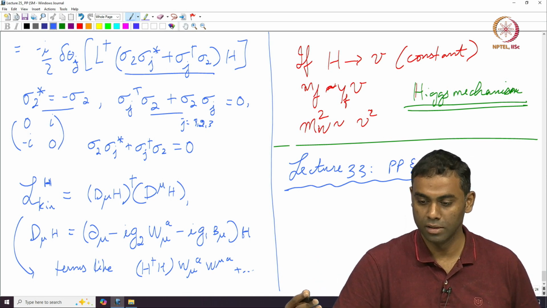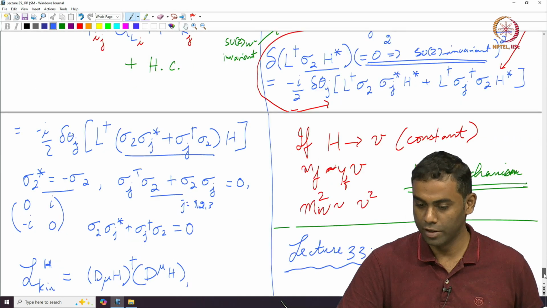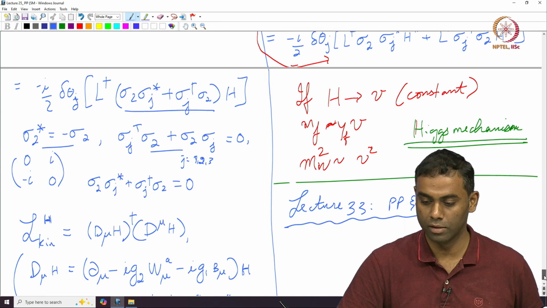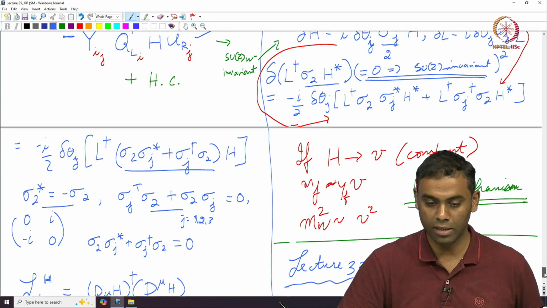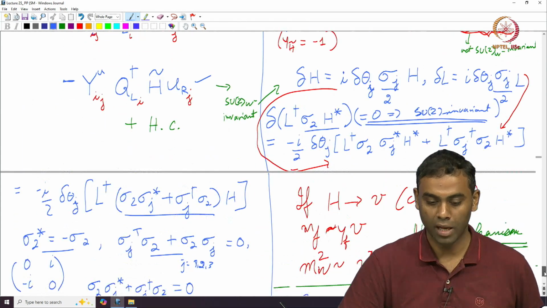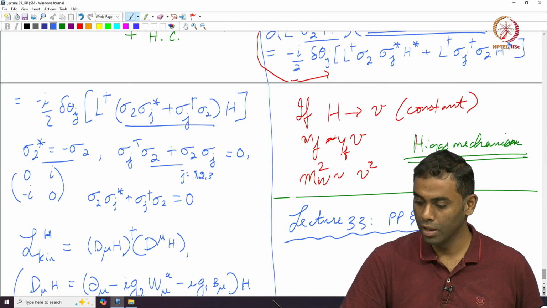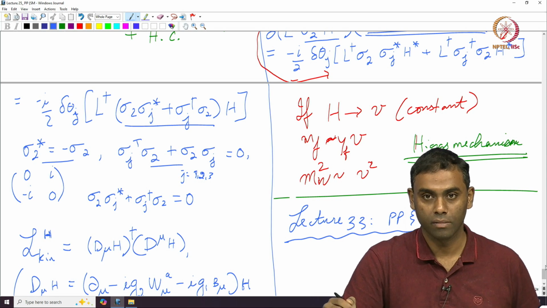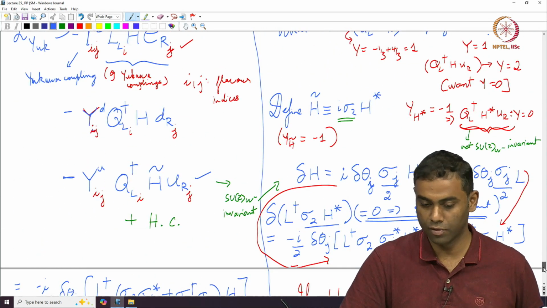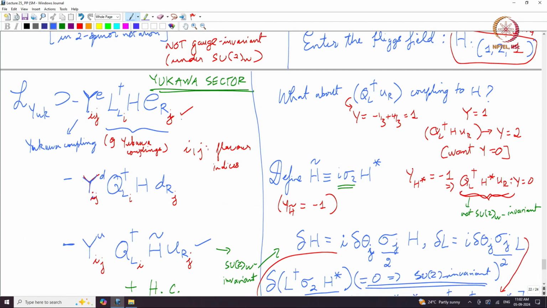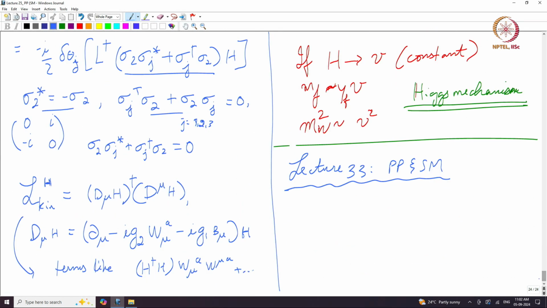If something happened such that you just replace the field with a constant, if we call that constant V, then we find that the fermions and the gauge bosons would acquire masses that are of the order V, right. That is what we see from the interaction terms here and the interaction terms here, right, the interactions of the Higgs field with the gauge bosons and the fermions.